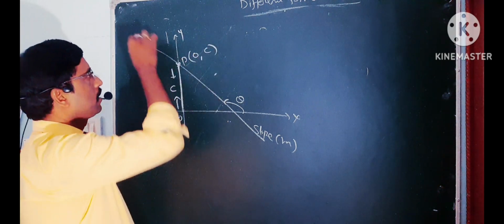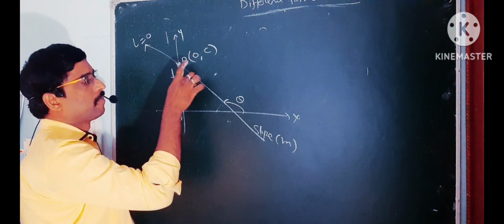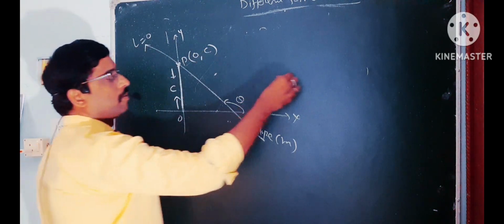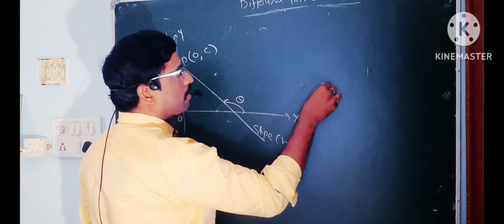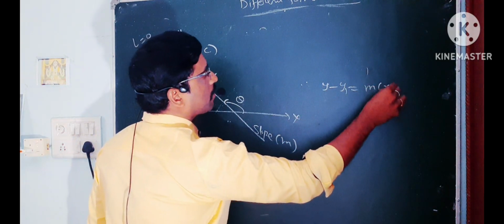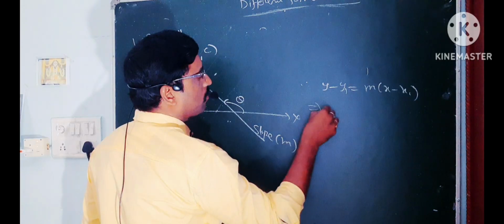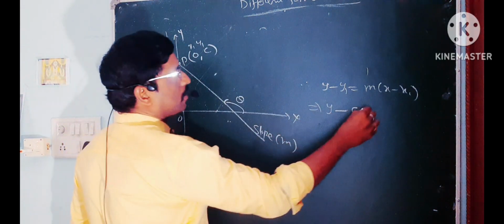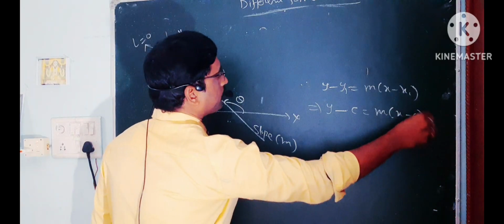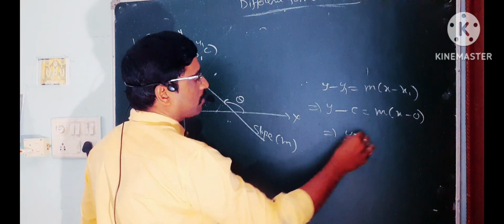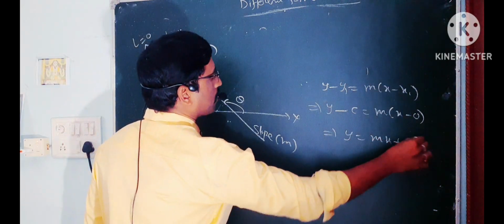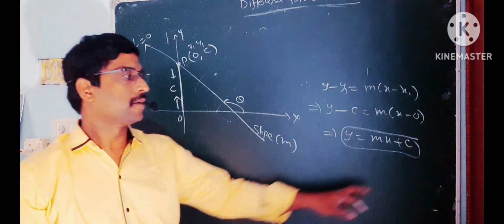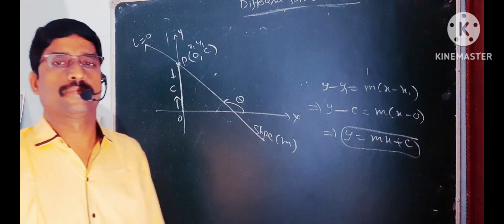The equation of line passing through (0, c) and slope m. The slope point form: y minus y1 is equal to m into x minus x1. Okay, now what we get here? This is the (x1, y1) point. Y minus c is equal to m into x minus 0. Minus is sending other side. Y is equal to mx plus c, where m is slope of the line and c is y intercept.